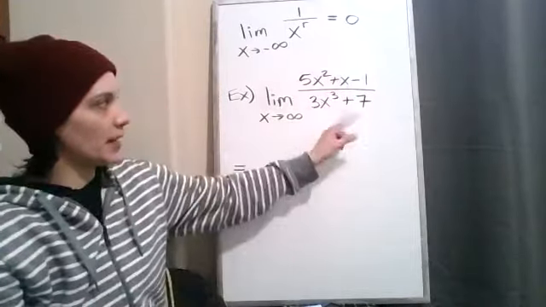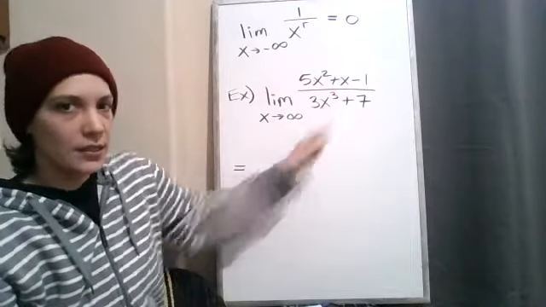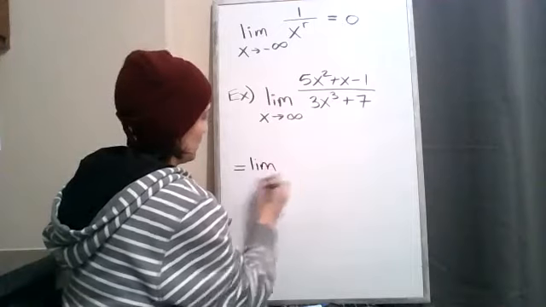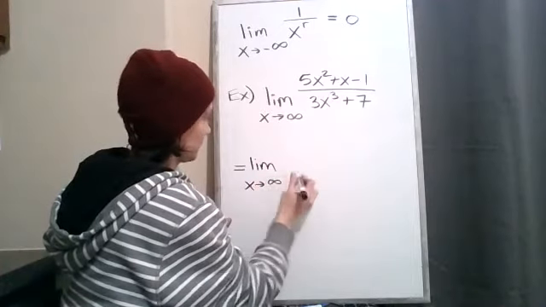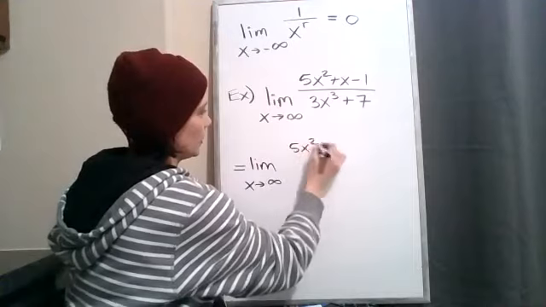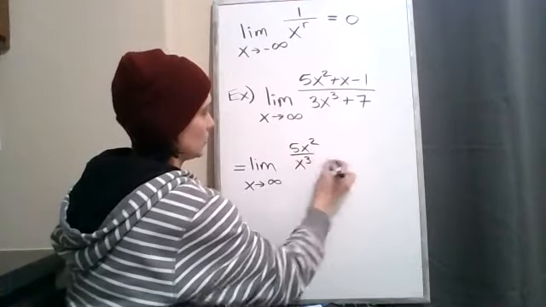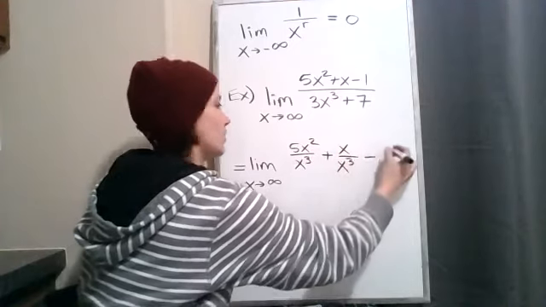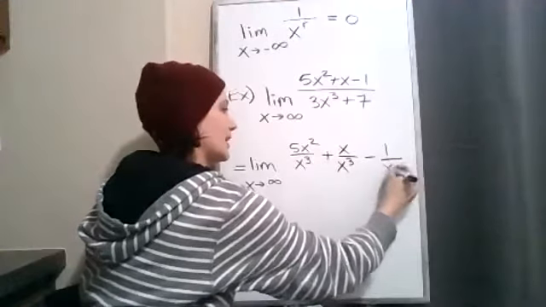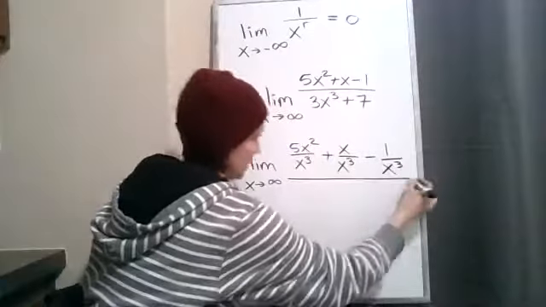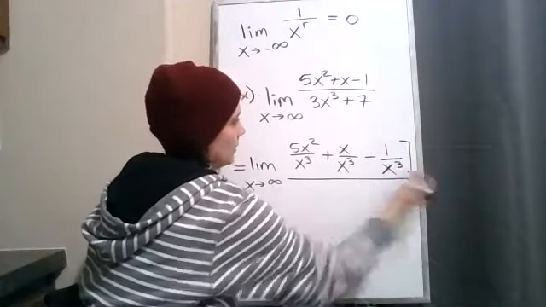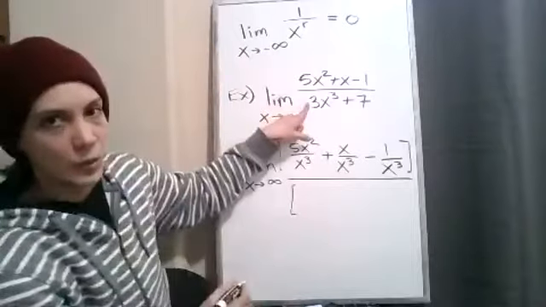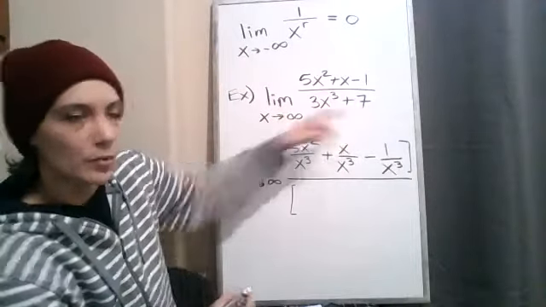All right, the highest power of x will be this x cubed, so we'll divide through by x cubed. 5x squared over x cubed, and so on. 3x cubed over x cubed plus 7 over x cubed.